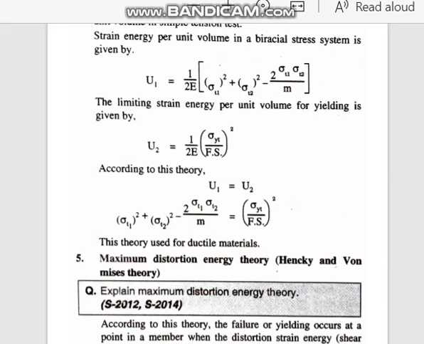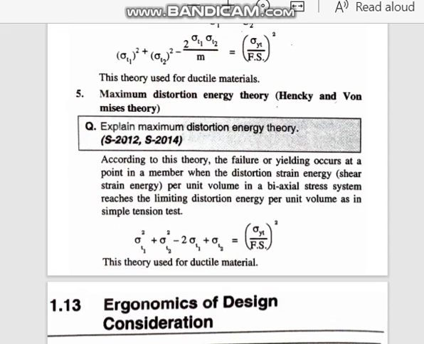Then the last one is the maximum distortion energy theory. This is Hencky or von Mises theory. This is distortion energy. First one is maximum principal stress, second is maximum shear stress, third is maximum strain, fourth is maximum strain energy, fifth is maximum distortion energy.